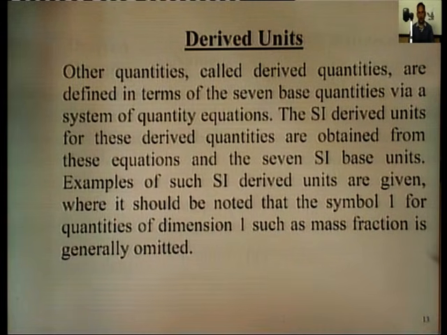Examples of such SI derived units are given, where it should be noted that the symbol 1 for quantities of dimension 1, such as mass fraction, is generally omitted.